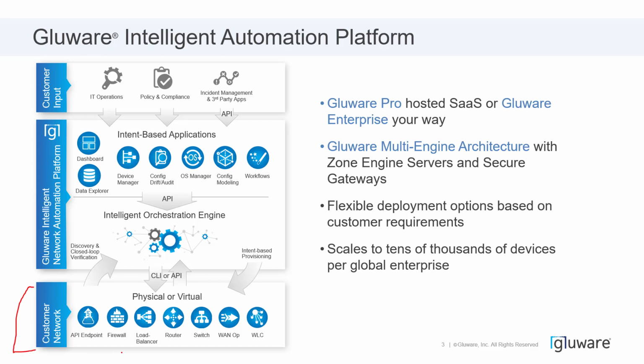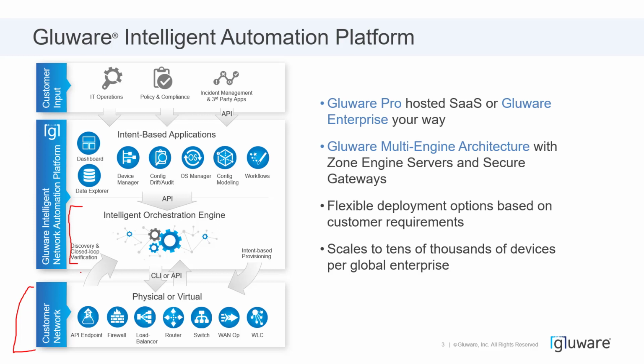Currently, we're not automating things like servers or storage or things adjacent to the network. Moving up in the stack, when you look at the Gluware platform itself, the key differentiator, as I mentioned in the first slide, is that Gluware leverages an intelligent orchestration engine. We spent a lot of time, effort, and money in development of the orchestration engine to make it intelligent. We are a data model-driven platform.